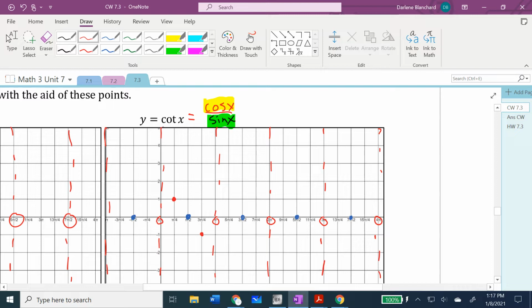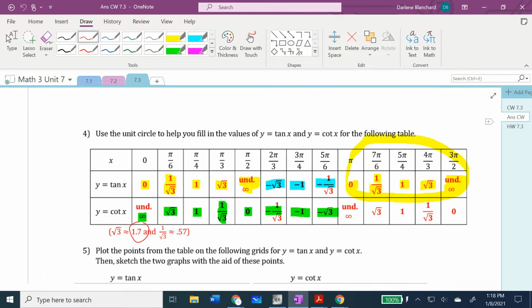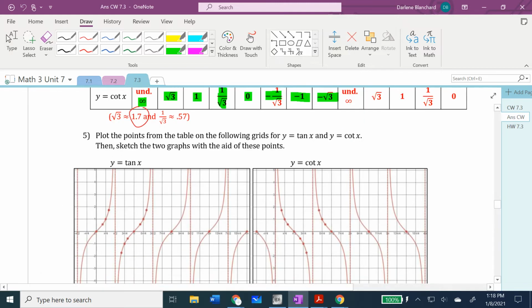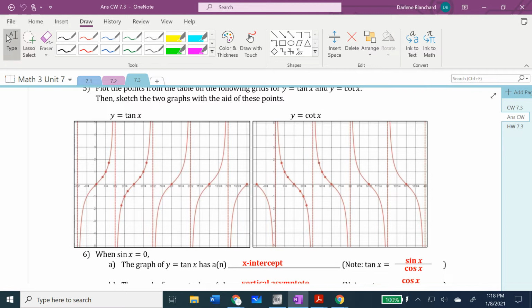And then if you plot a few more points, or maybe you don't need to, you will see that cotangent actually looks like a backward tangent graph. Tangent, if you go left to right, heads upward. But cotangent, if you go left to right, heads downward. And it just continues to repeat its cycle over and over again. So here are your graphs of tangent and cotangent.